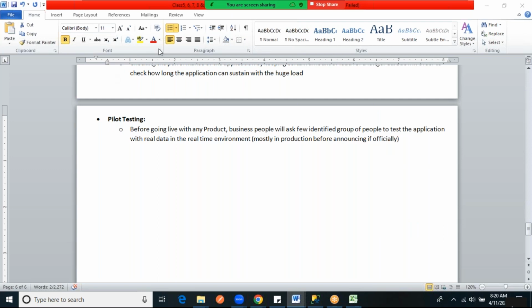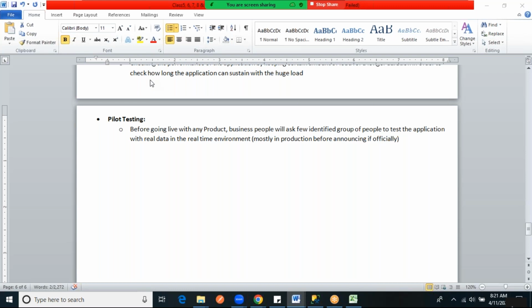Consider the government is starting a new scheme. Before they announce it officially to the entire state or entire country, they do a pilot run of that scheme in one area, one city, one district or one state.